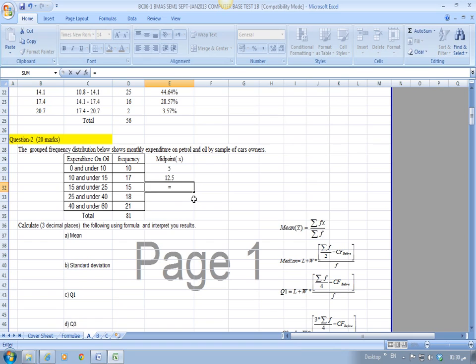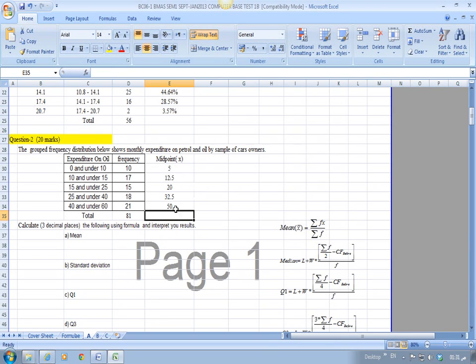The next one is equal, open bracket, 15 plus 25, close the bracket, divide by 2, and then equal 25 plus 40, close the bracket, divide by 2, and then the next one, equal bracket 40 plus 60, close the bracket, divide by 2.